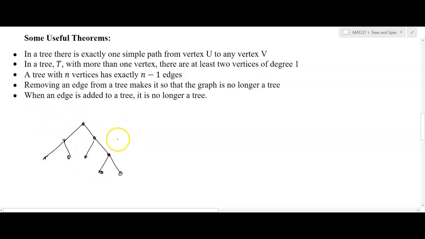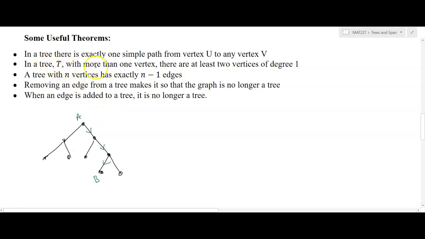There are no cycles in here. It's connected. And so if I, for example, pick vertex A, and maybe I call this vertex B down here, then clearly there's only one way you can get from A to B. There's only one such path. There's no other way to get to B that wouldn't require traversing one of the edges more than once. So I could technically go down here and then back up to B, but that's not a simple path.